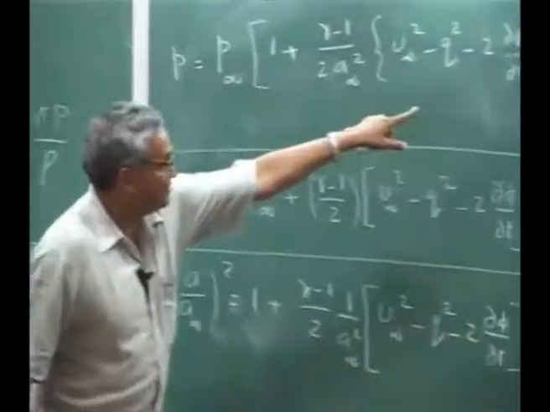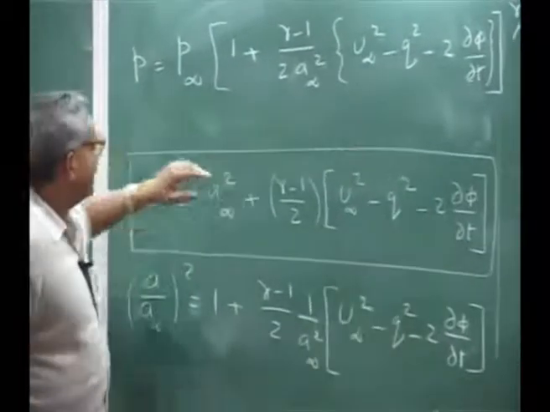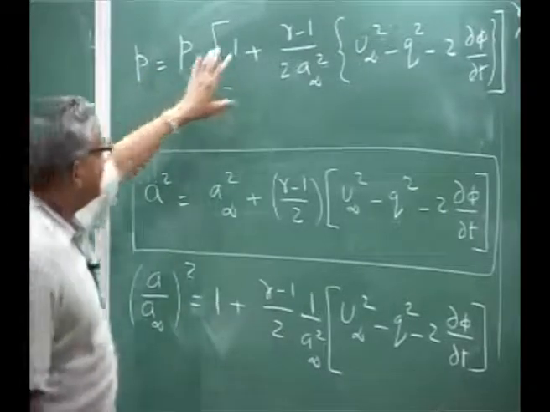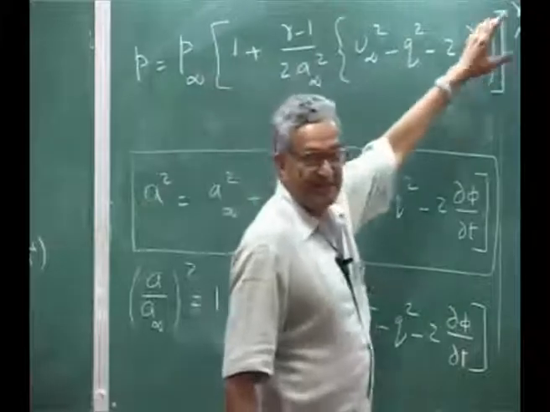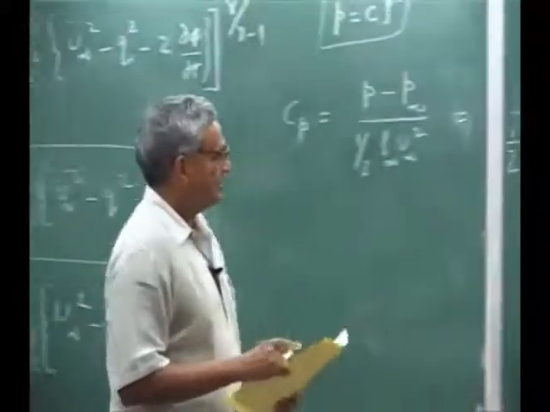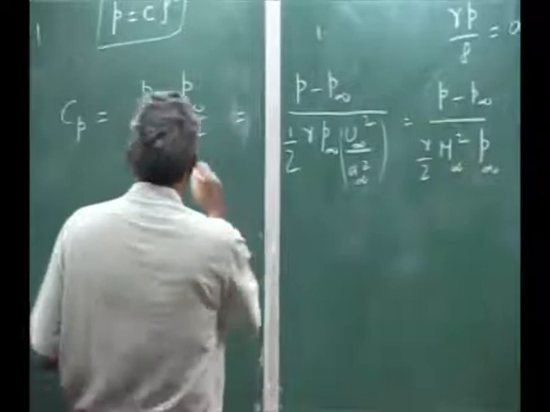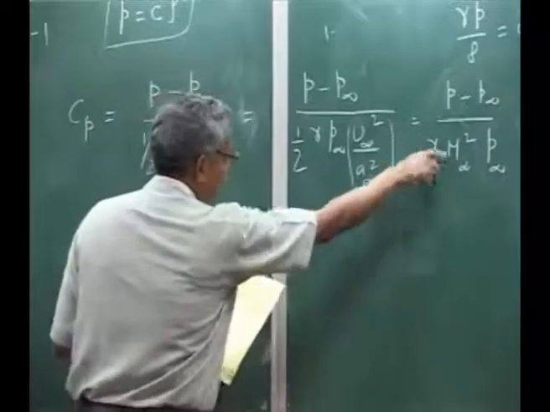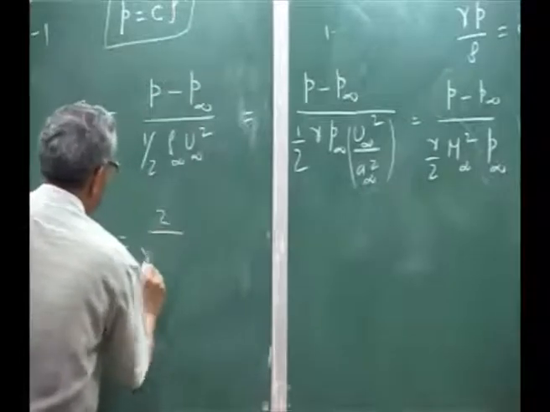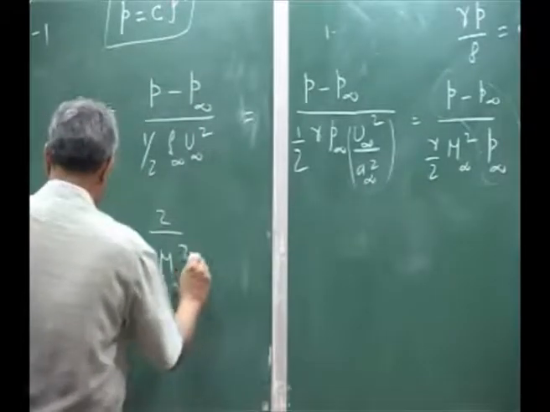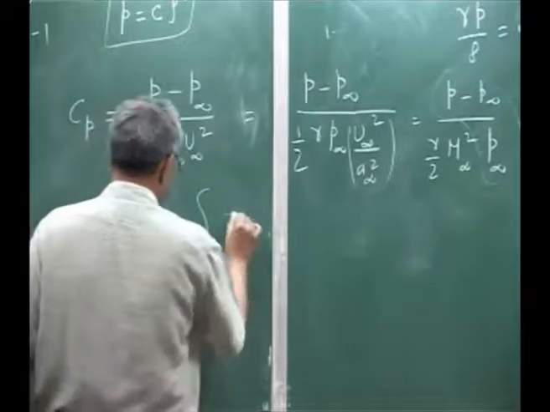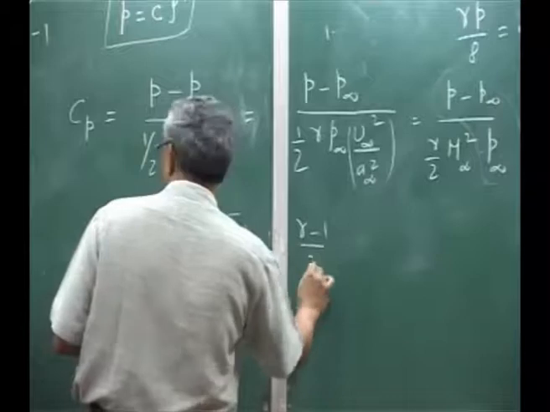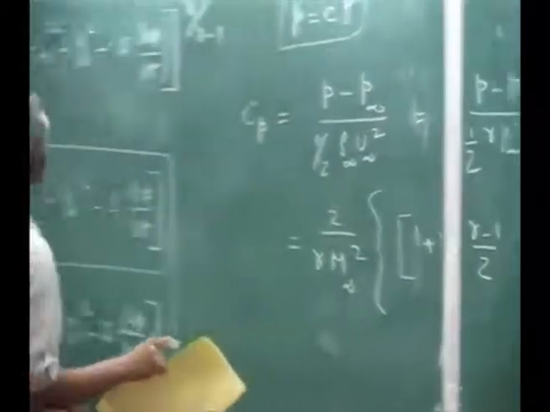So I will put another p infinity there, minus, then divided by p infinity. That is going to be this quantity minus 1, that is all. And I simply have Cp is, because this is 2 over gamma M infinity square. You open a bracket, open another bracket, 1 plus gamma minus 1 over 2, because this term is gamma minus 1 over 2.